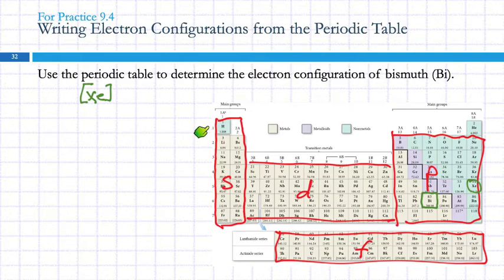It just starts with 1, 2, 3, 4, 5, 6, 7. So we're looking at row 6, right? Because this is the end of row 5. So we're coming over here, row 6, and there's two elements there. So that's the S area. That was 6s2.